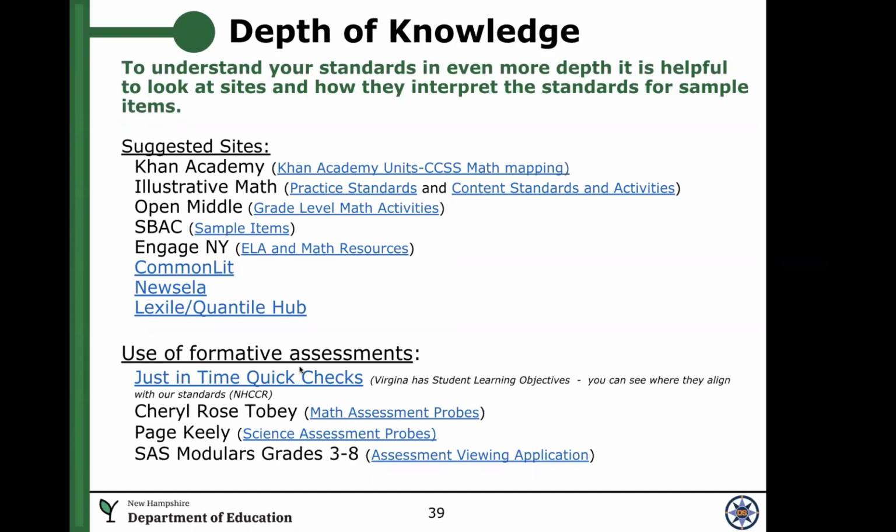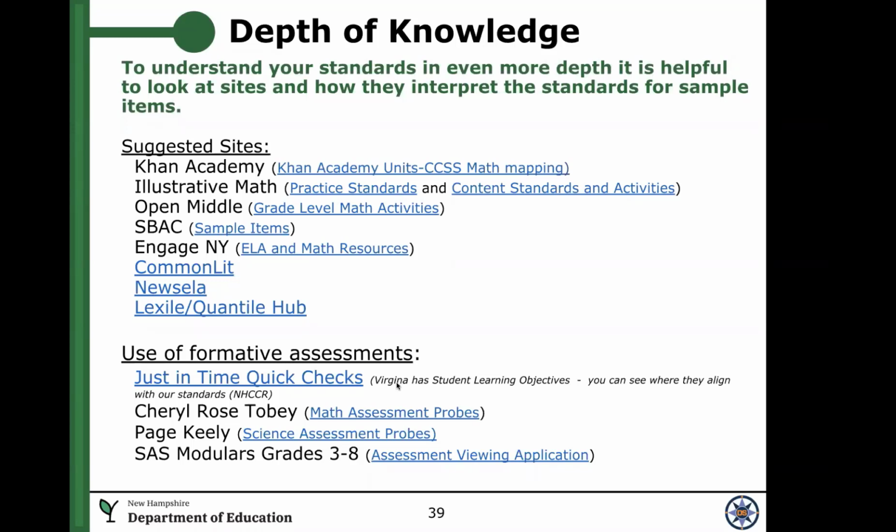And then some of the formative assessments that we've been talking about, these just-in-time quick checks, even though they're using Virginia student SLOs and those specific standards, you can see where they align to the New Hampshire Common Core standards, sorry.